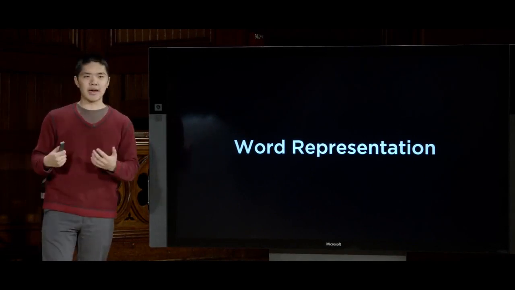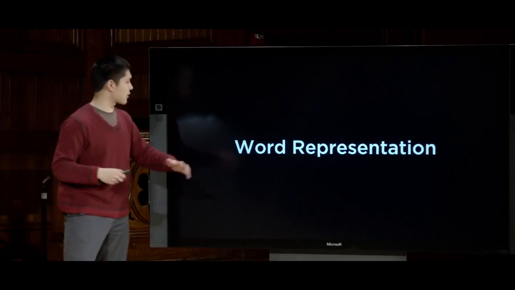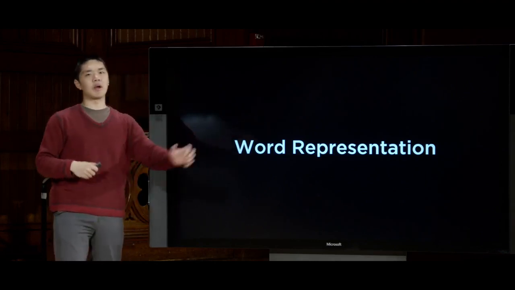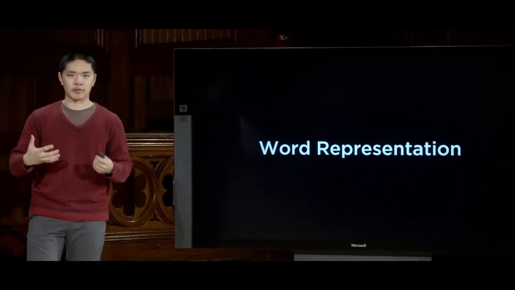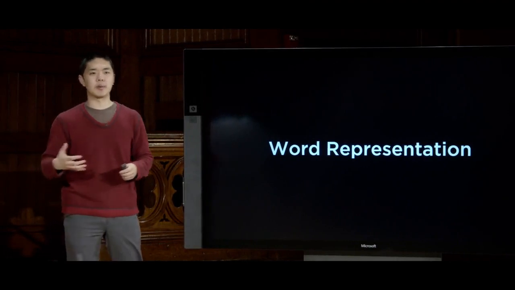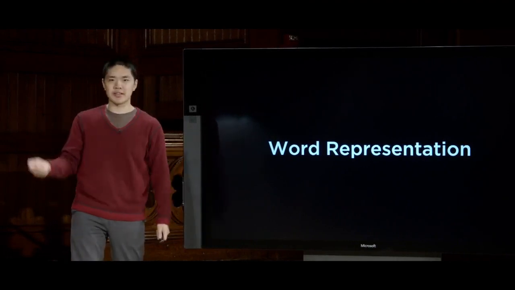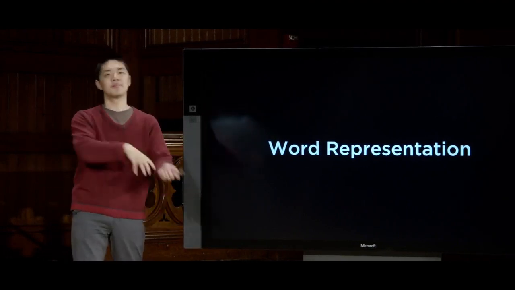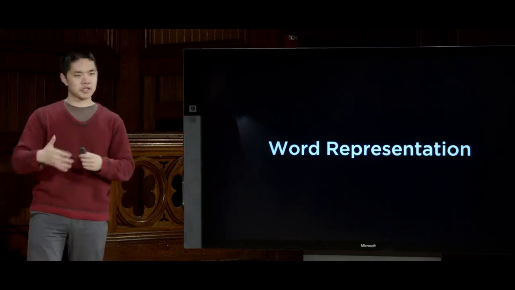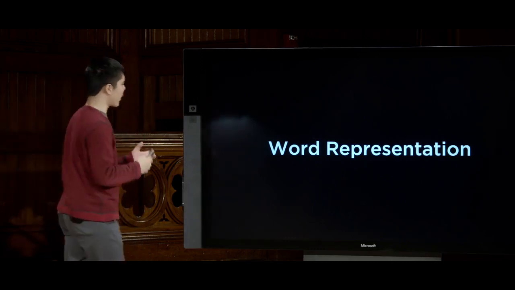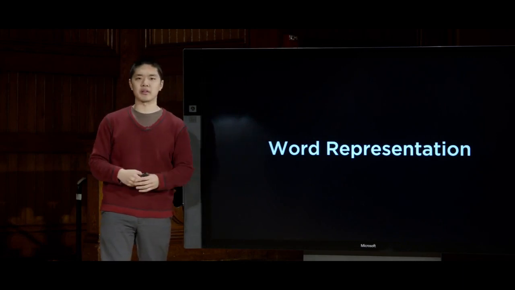But what we really would like is some way to represent the meaning of a word in a way that our AI is going to be able to do something useful with. Anytime we want our AI to be able to look at text and really understand what the text means, to relate text and words to similar words and understand the relationship between words, we'd like some way that a computer can represent this information.